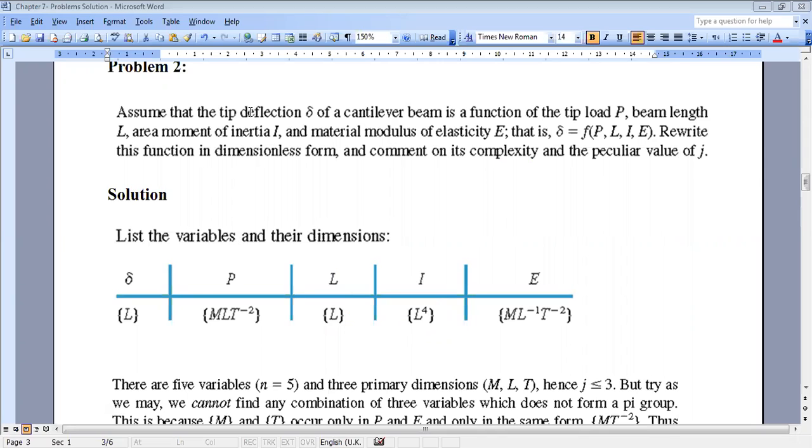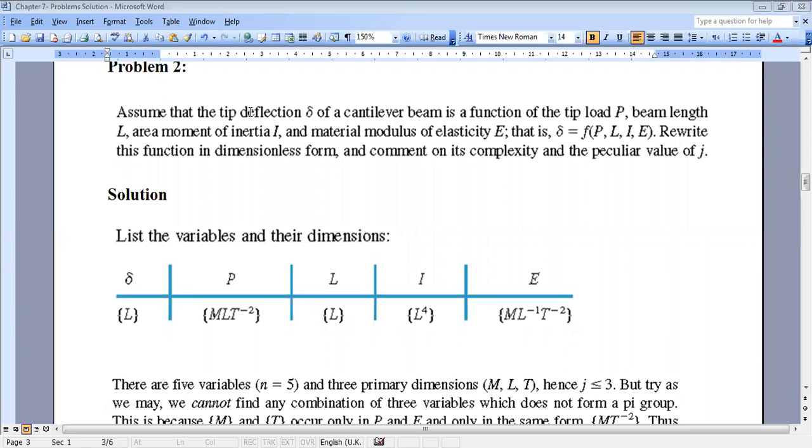Then you try to find if they are repeating in a similar manner or not. If you don't have repetition of dimensions in a similar manner, then J is equal to the number of dimensions. If you have some dimensions repeating in the same manner, J will be smaller than the number of dimensions. So for example, here J is smaller than 3, it is equal to 2.